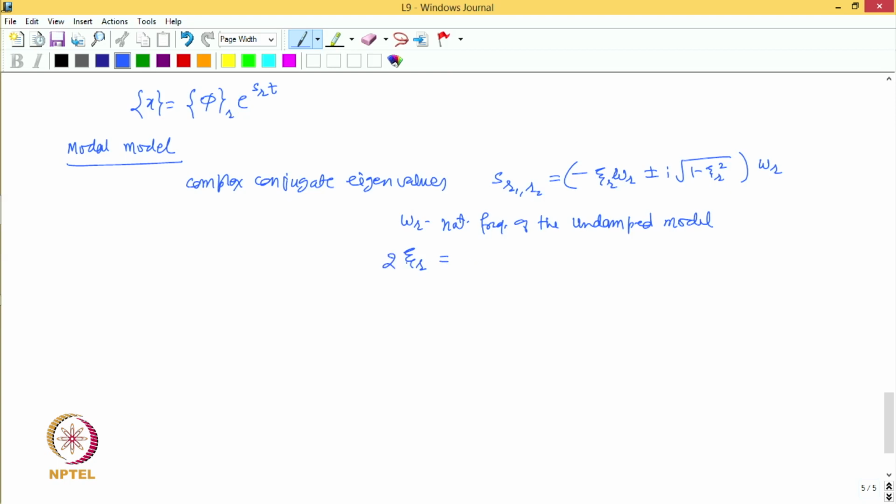We know that 2 zeta r omega r is equal to nu k omega r square plus nu m.